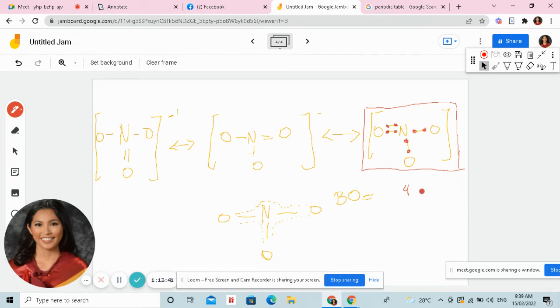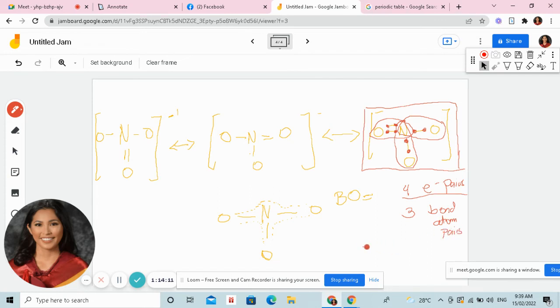4 electron pairs divided by bonded atom pairs. How many bonded atom pairs? NO bond, 2, 3. We have 3 bonded atom pairs.